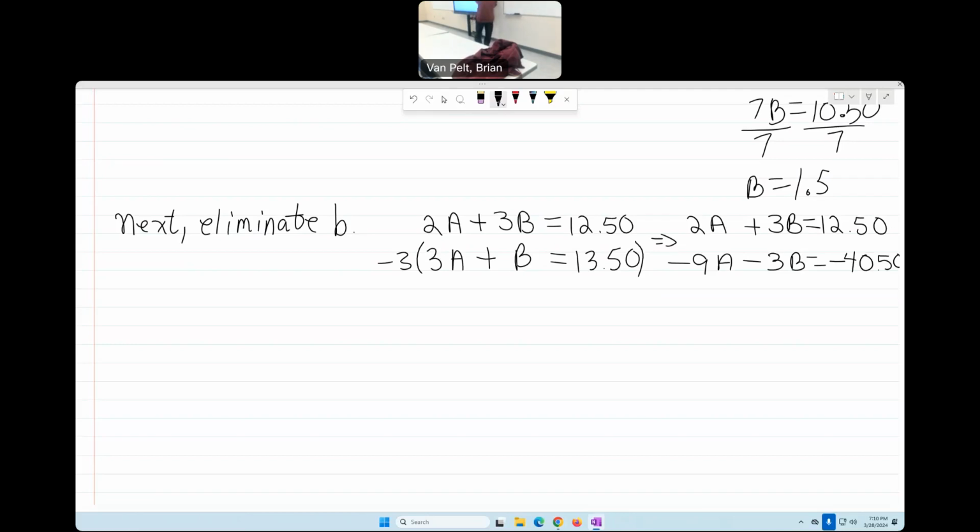Now, when I add them together, I'll get -7A equals -28. Divide by -7, and we get A equals 4. So each album costs how much? $4. Right, so each album costs $4.